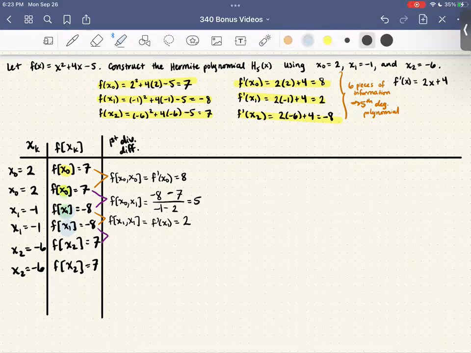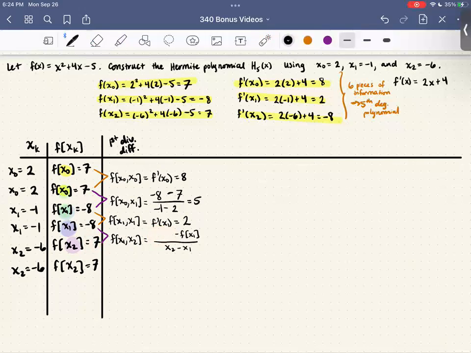This is x1, x2, f x1, x2. This is going to be the 0th divided difference of x2 minus the 0th divided difference using x1, x2 minus x1. And again, I'm going to go ahead and replace these. So this term is the 7 here.